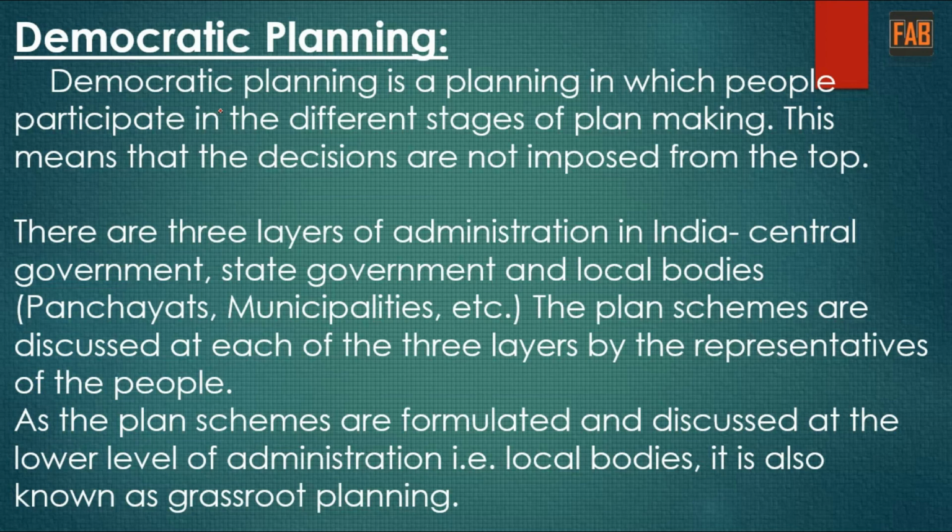So the plan schemes are discussed at all these 3 levels. By the central government, the plan schemes are discussed in the parliament. By the state government, they are discussed in the state legislative assemblies, and by the local bodies, they are generally discussed in the gram sabhas.